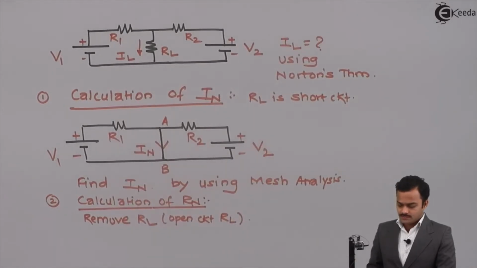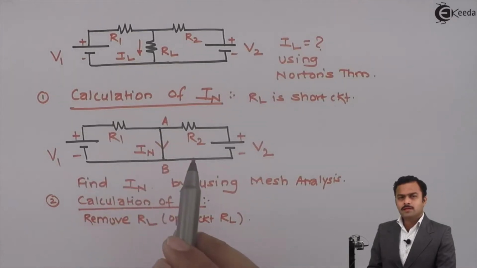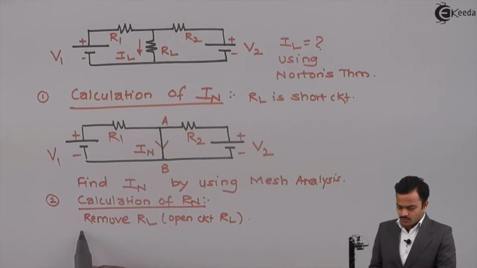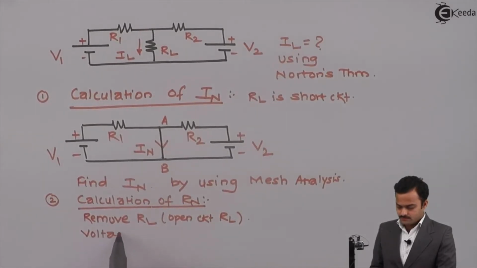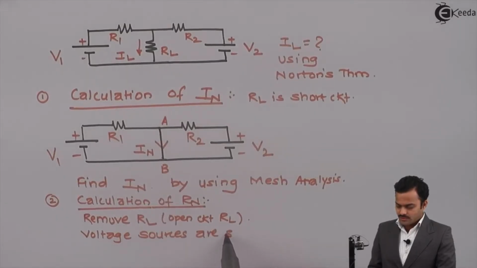What about the sources? Here we have two voltage sources. Being a voltage source, its internal resistance is 0. So voltage sources should be replaced by 0 resistance, which is a short circuit. So voltage sources are short circuited.